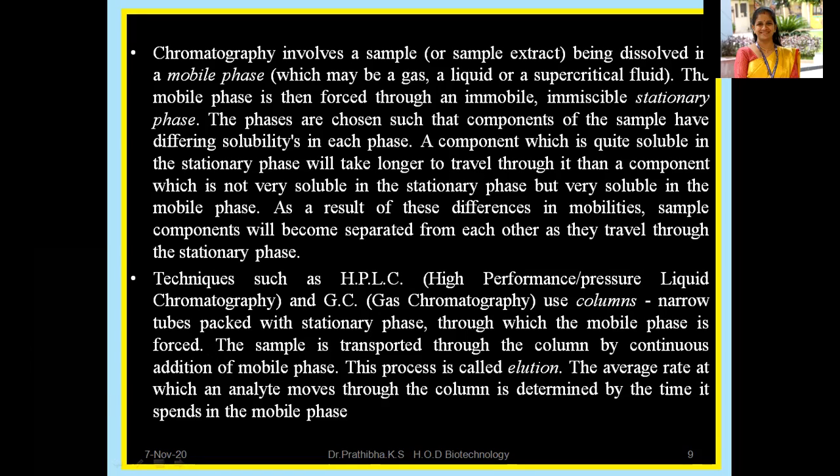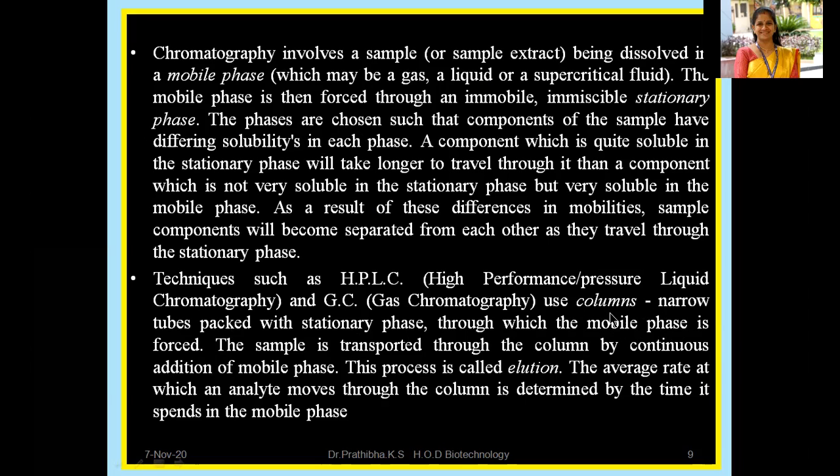Narrow tubes packed with stationary phase through which the mobile phase is forced. In most chromatography, like paper, you'll be using mobile phase and stationary phase, whereas HPLC and GC are going to use columns.